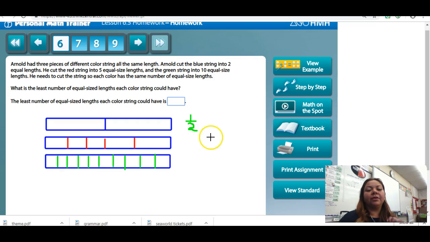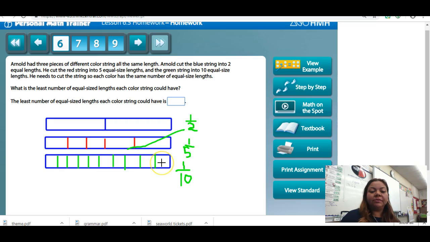And this string is cut in 5. So that means that it's 1/5. And my last string is cut into 10 parts. So that means that each piece is 1/10.